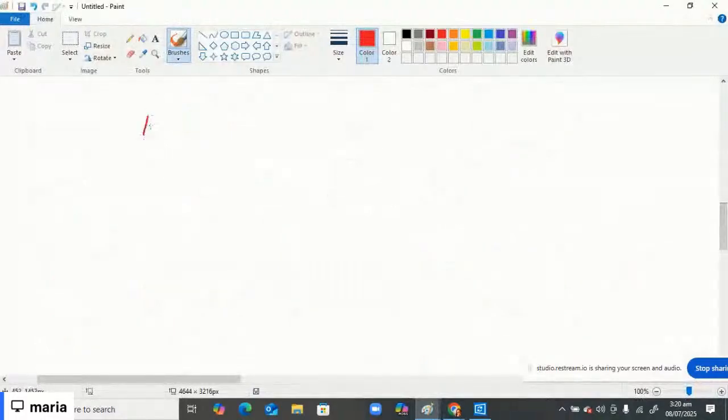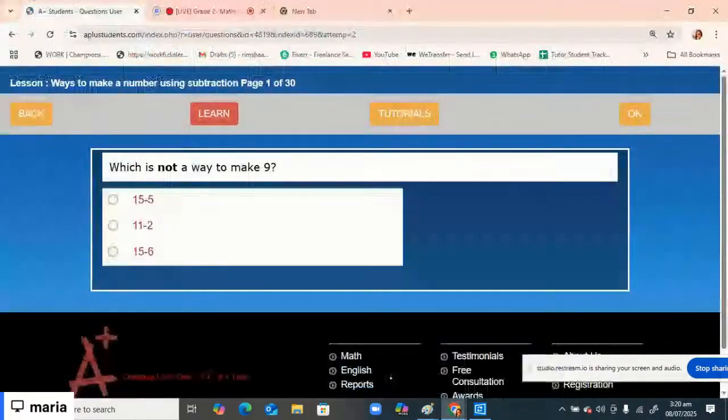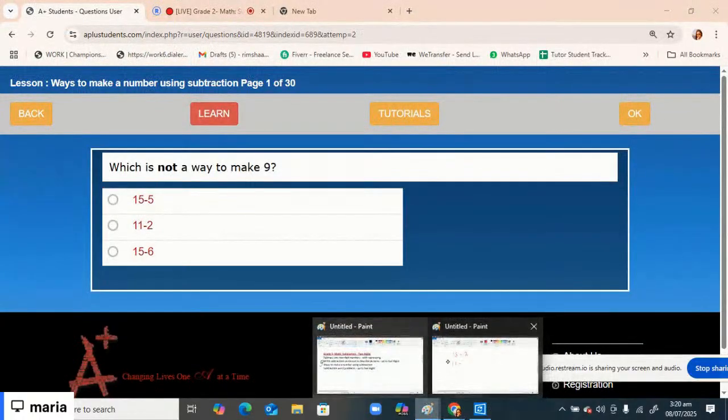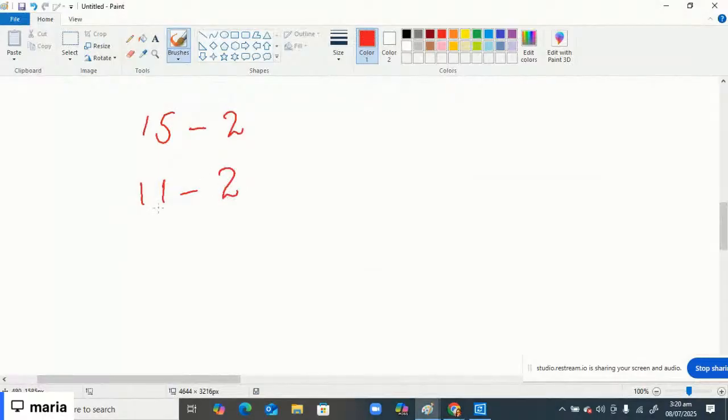Then 11 minus 2, 15 minus 6. So which is not a way to make 9?